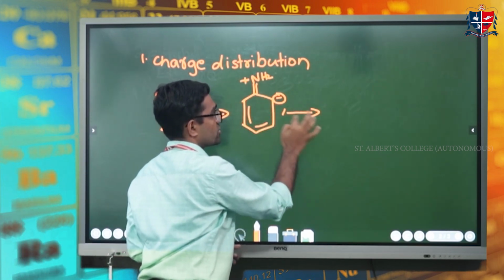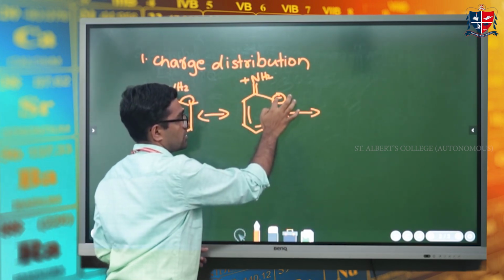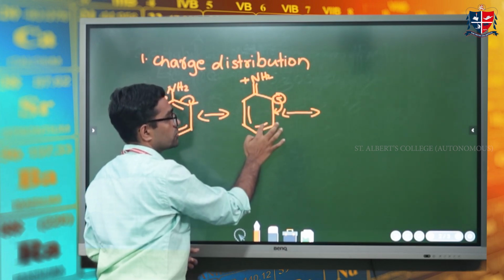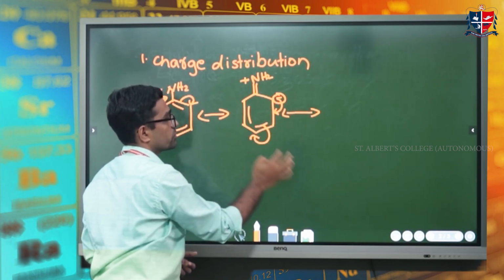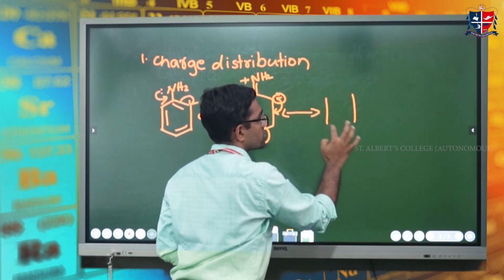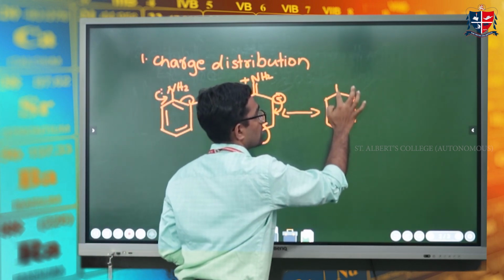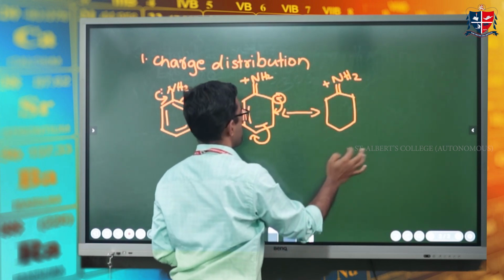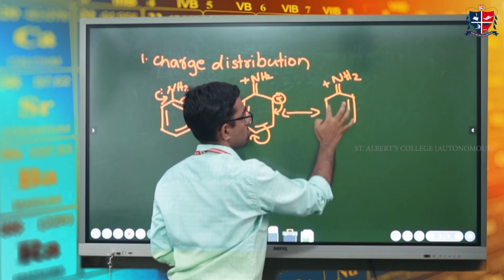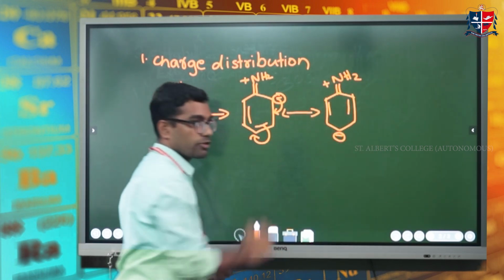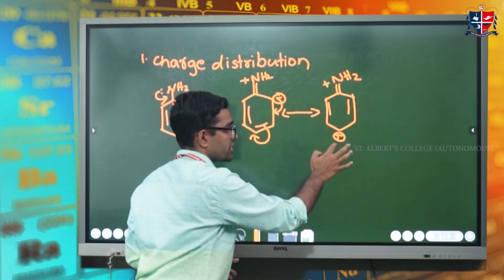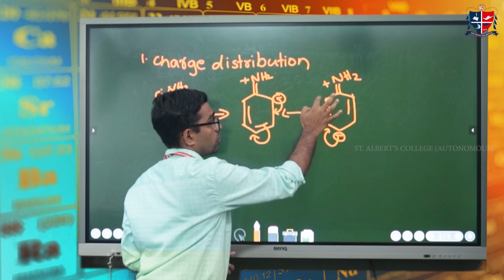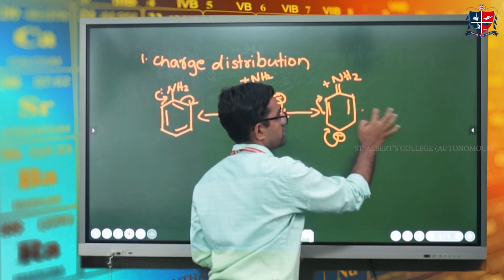Now, in the next resonating structure, this pair of electrons comes here, so the double bond becomes here, this bond goes here, and the negative charge is here. In the next resonating structure, it goes here, so the double bond comes here.